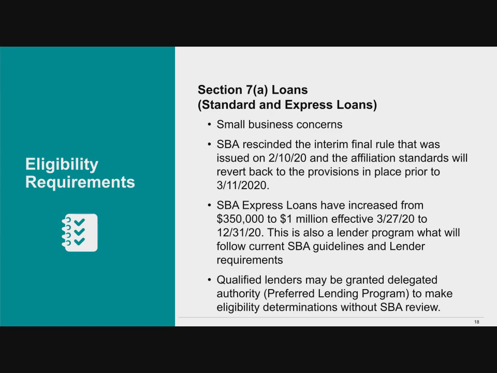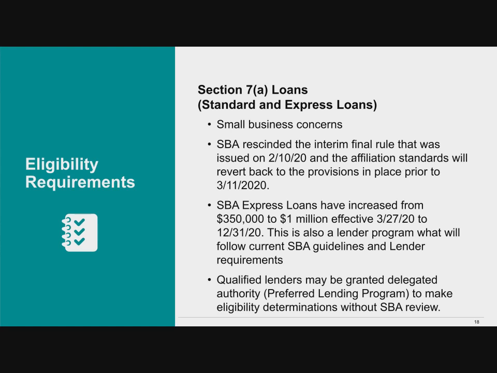So with an Express Loan, the guarantee is only 50% versus 75%, but those lenders, because they can use some of their internal loan documents, can provide this loan program much faster than some of the other programs.